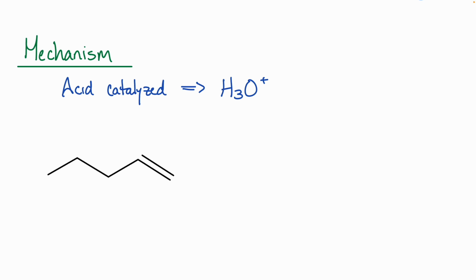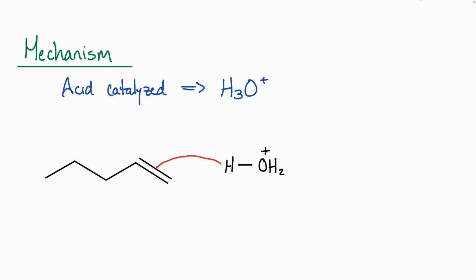Okay, so we're going to have our acid. I'm going to write it in this specific way, where I'm explicitly showing one of those hydrogen-oxygen bonds. You can draw the full Lewis structure. This is kind of the lazy man's way to do it. All right, and what happens is that pi bond pair of electrons is going to reach out and grab that acidic proton.